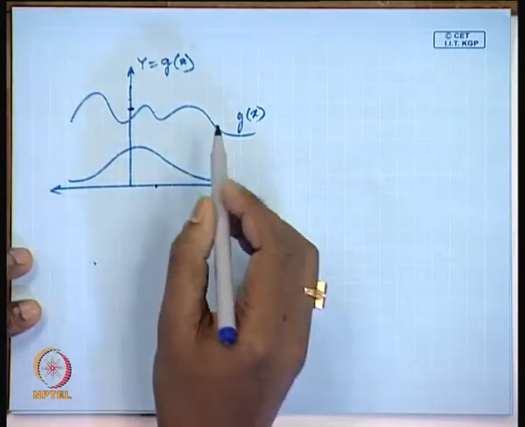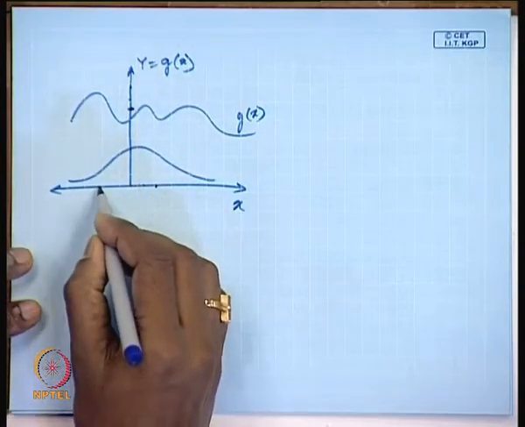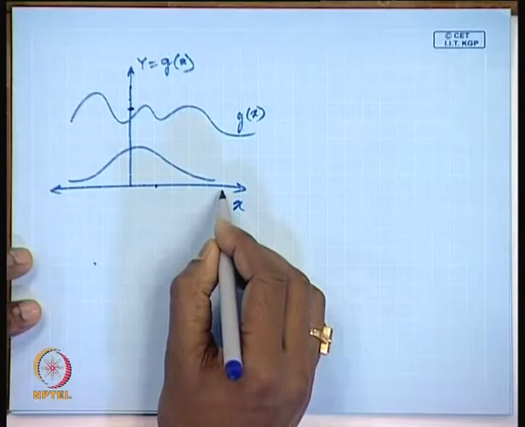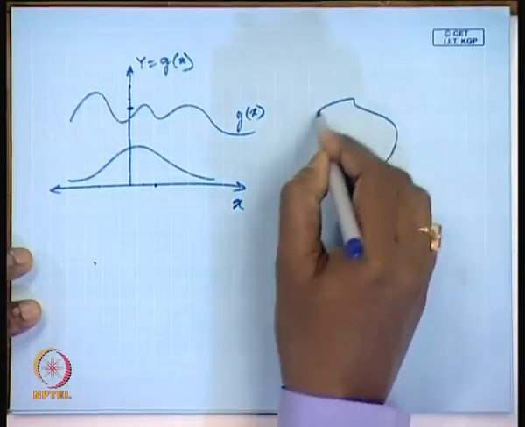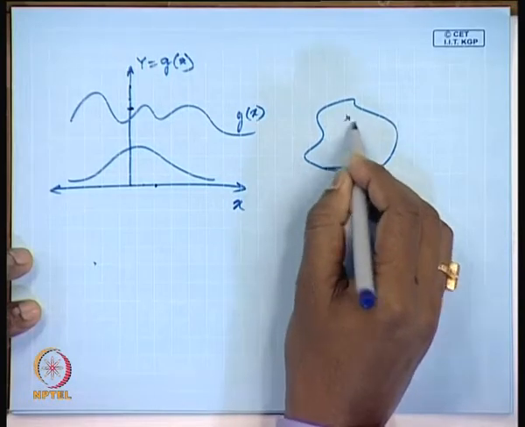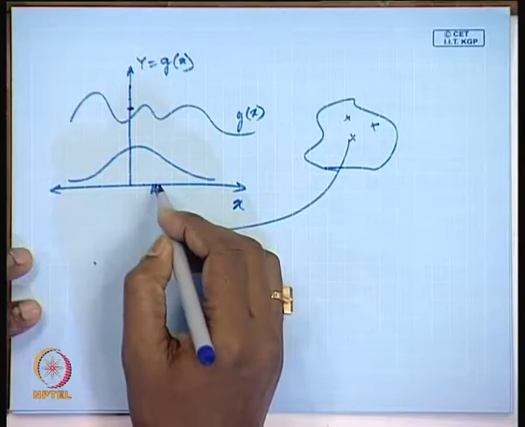Now, for each and every possible outcome of this random variable, from the sample space, each outcome is mapped to this real line.